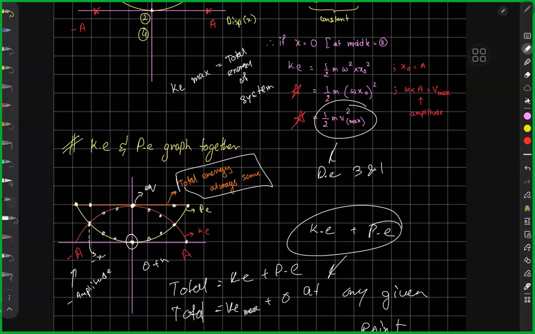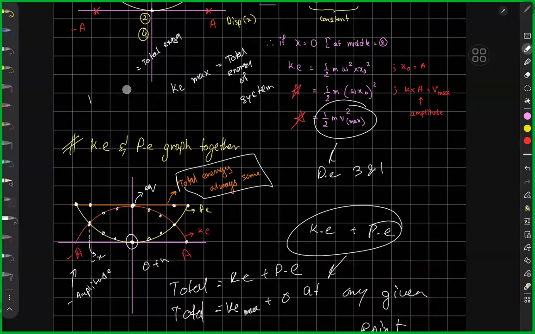So at this equilibrium position where my kinetic energy is max and potential energy is zero, it essentially means that KE max plus PE, which is zero, is total energy, right? So if PE is zero, then can I not say that maximum kinetic energy is equal to total energy? Yeah, I can.